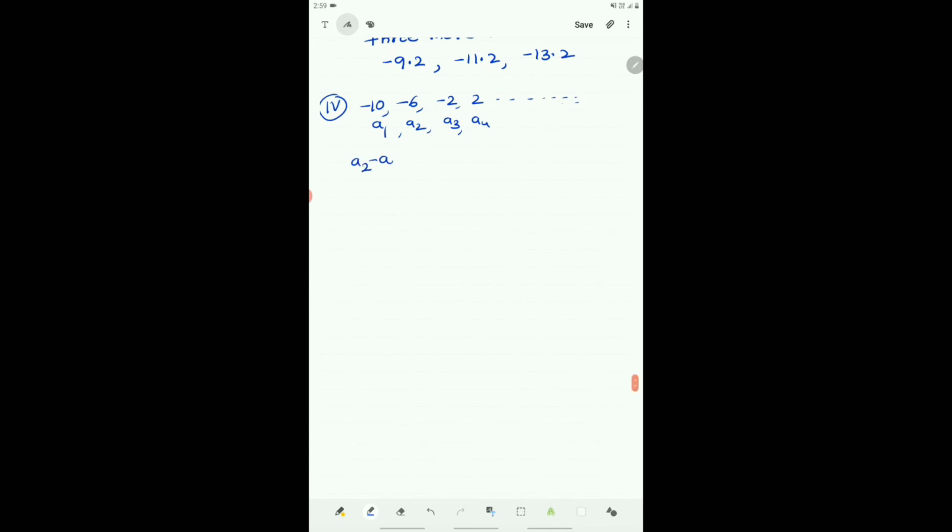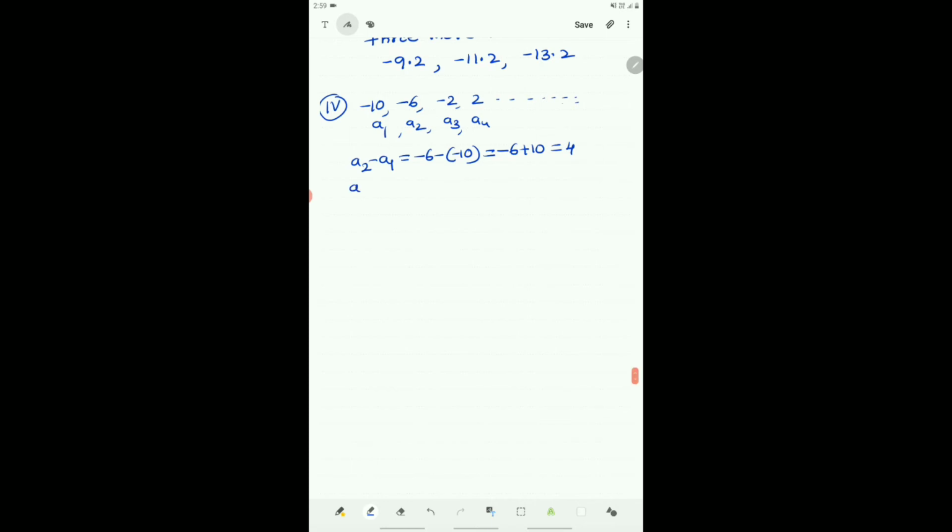A2 minus A1 is equals to -6 minus of -10. Here A2 is -6, A1 is -10, and it becomes -6 minus of minus plus 10. That is nothing but 10 minus 6 equals to 4.